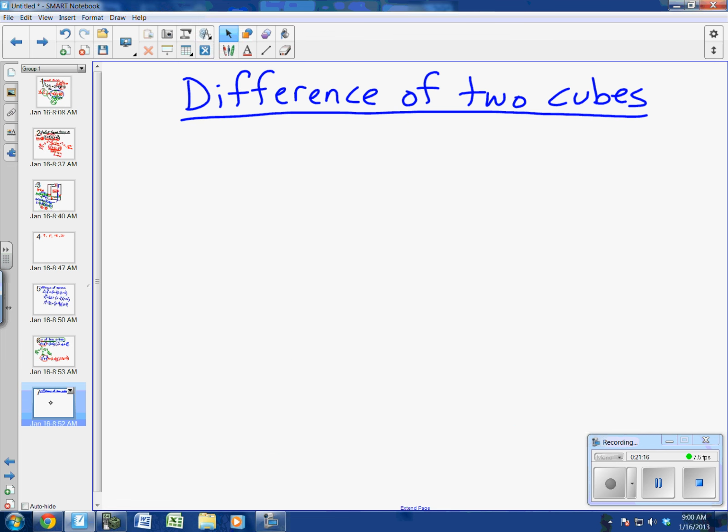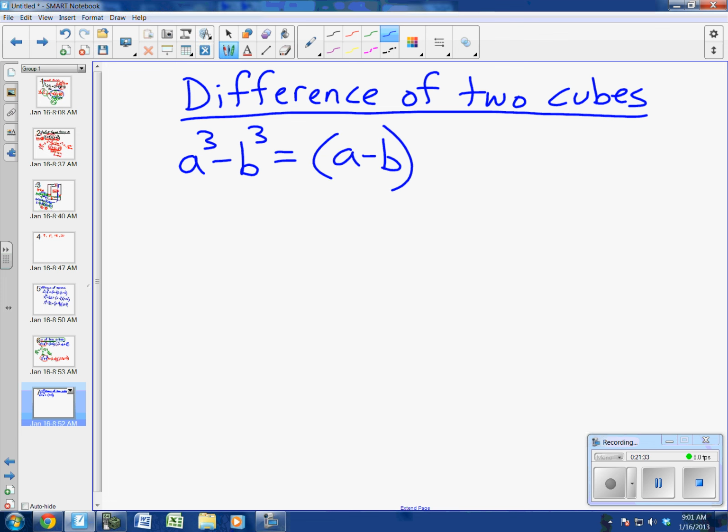Okay. Back to difference of two cubes. Here's the formula for difference of two cubes. If I have a cubed minus b cubed, that is equal to a minus b times a squared plus ab plus b squared. Okay, this is called a difference of two cubes.